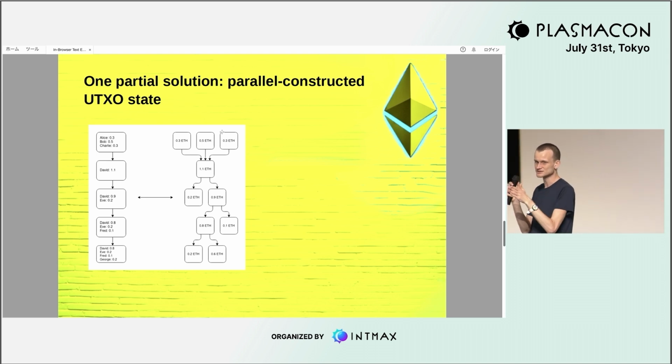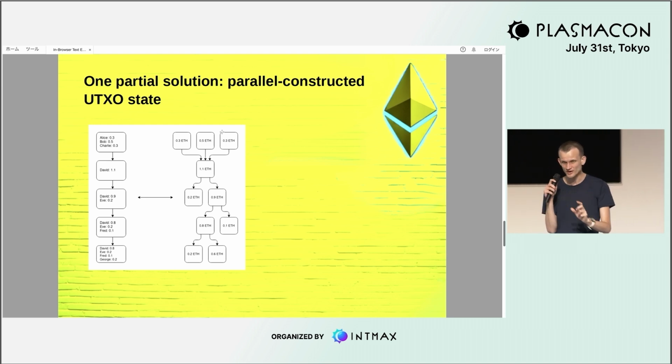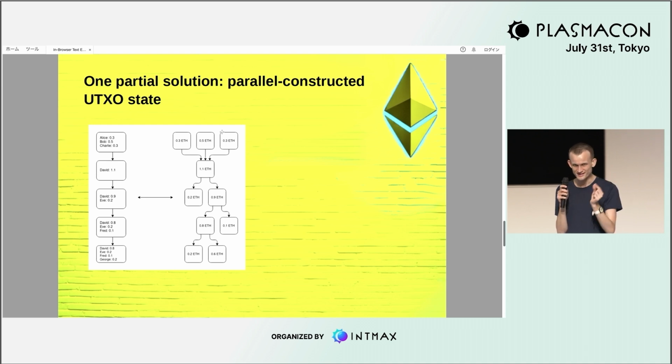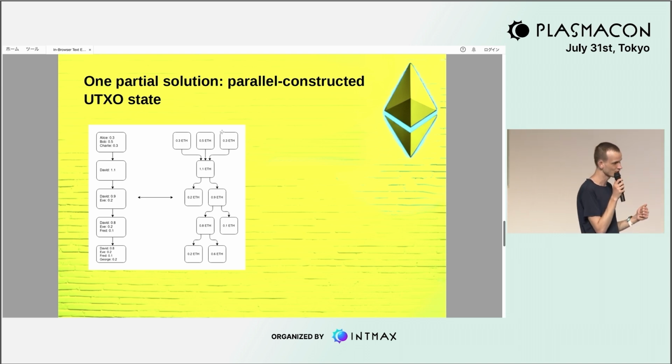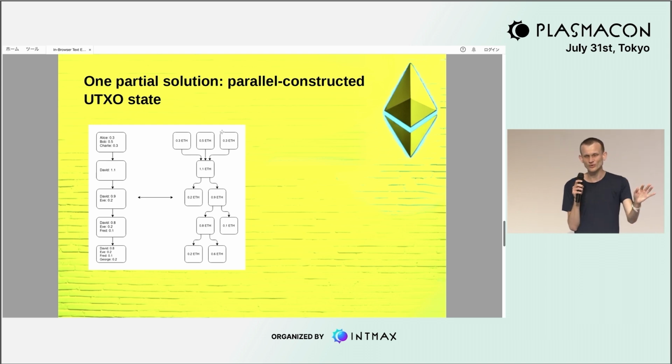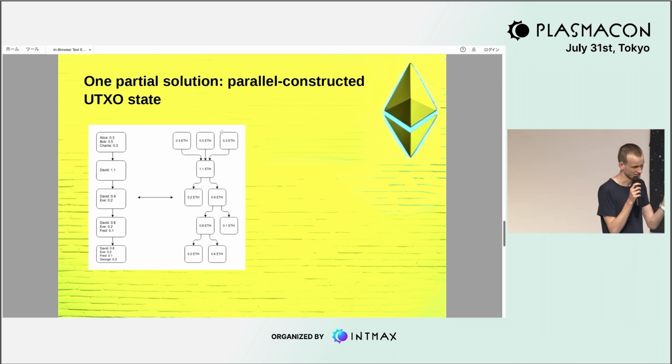And then in parallel, you also have a separate data structure, and that separate data structure just looks like a graph of transactions, or even it could just look like a list of trees, a list of every individual tiny bit of ether that becomes its own NFT. There's efficient ways to do both of those, right? And so you basically have these two parallel states, and you use a zk-SNARK to prove that the two are equivalent to each other, right? To prove that whatever is happening on one side is also happening on the other side.